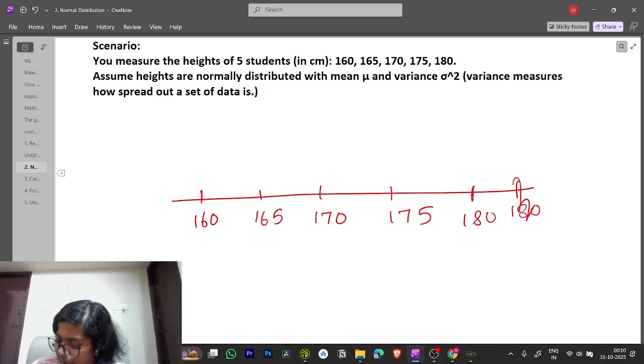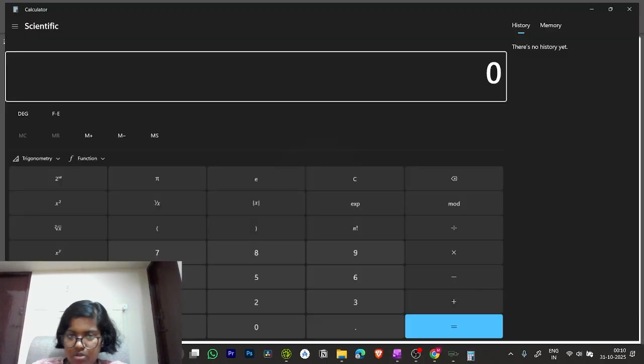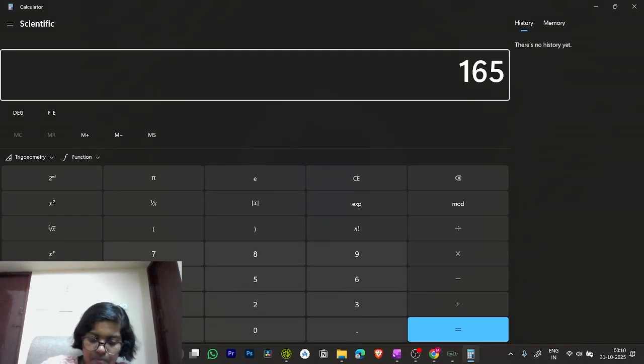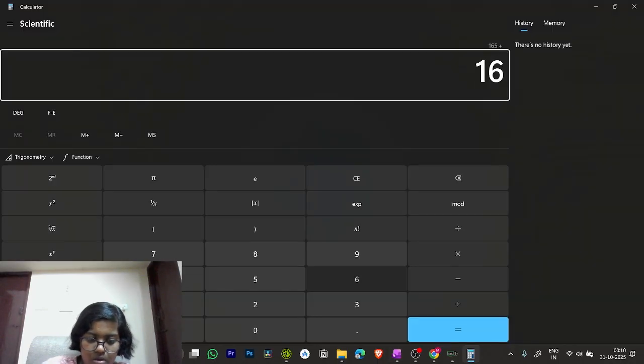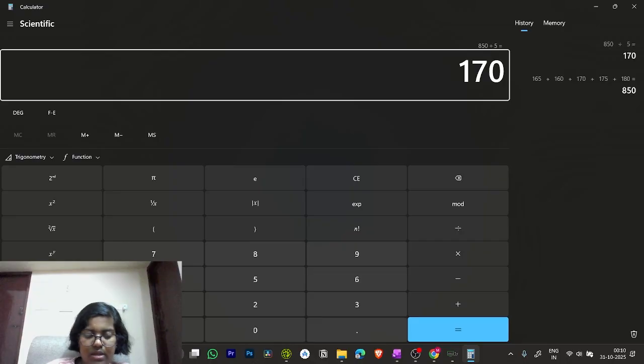So what is the average of these numbers? It is going to be 170. 160 plus 165 plus 170 plus 175 plus 180 divided by 5, which is 170.